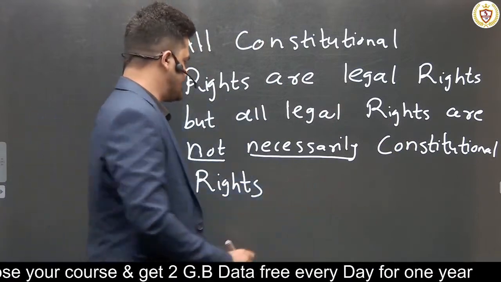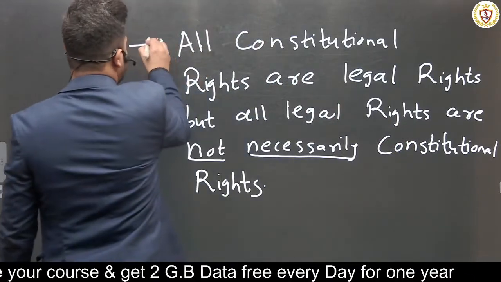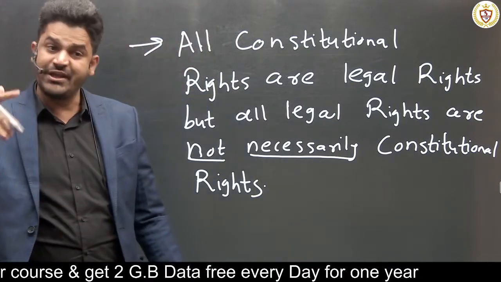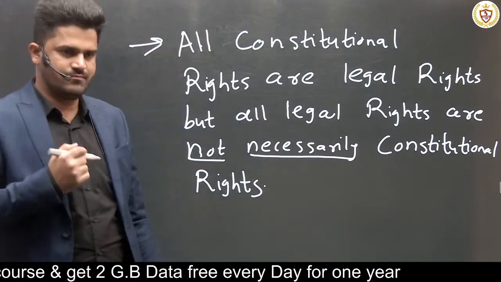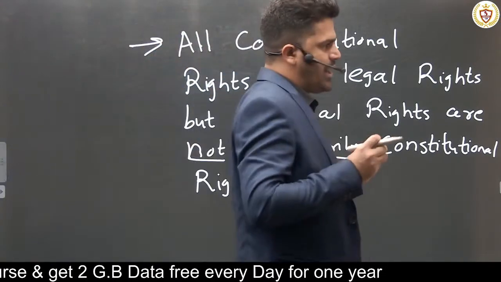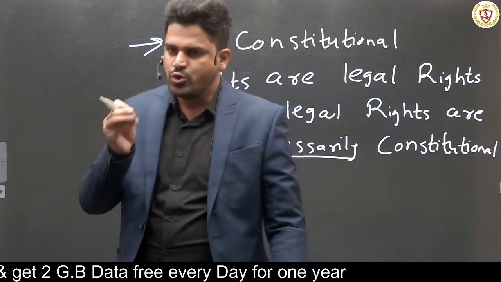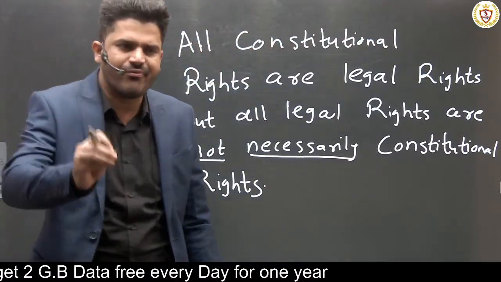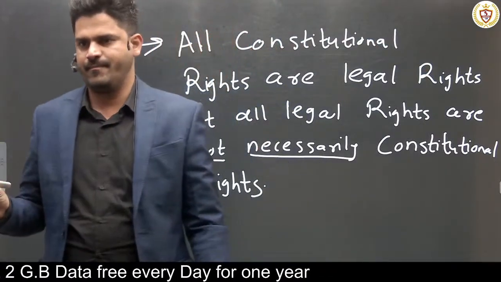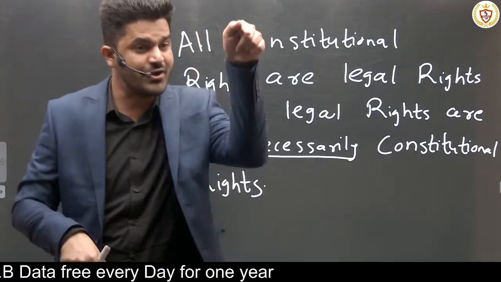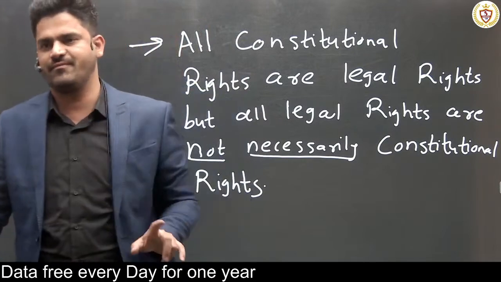So this completes our discussion. Difference between constitutional rights and legal rights. Now there is one more difference. Now I told you that constitutional rights are those rights which are derived from the Constitution itself, which are mentioned in the Constitution itself, which are enshrined in the text of the Constitution itself.